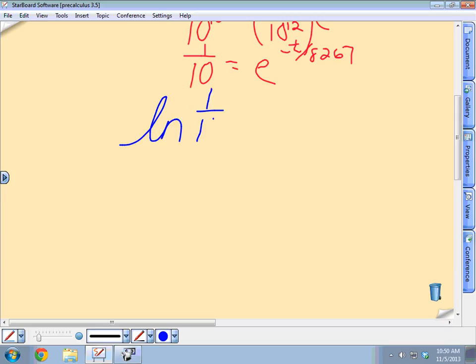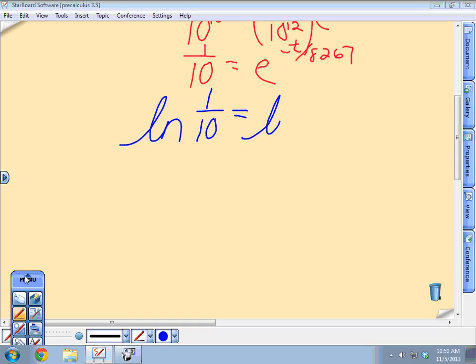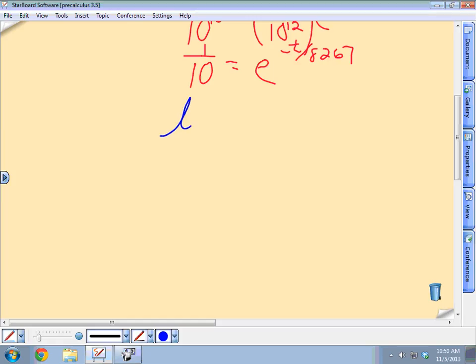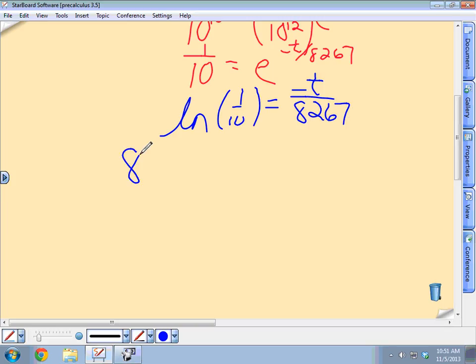So ln 1/10 equals negative T over 8267. Multiply it by 8267. Just do what you're doing.